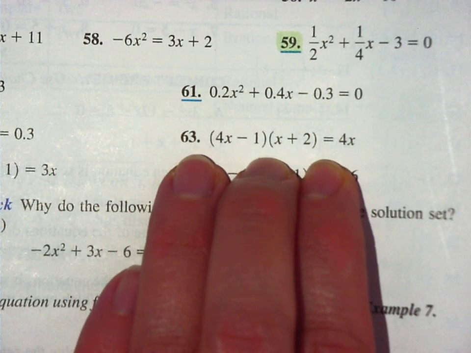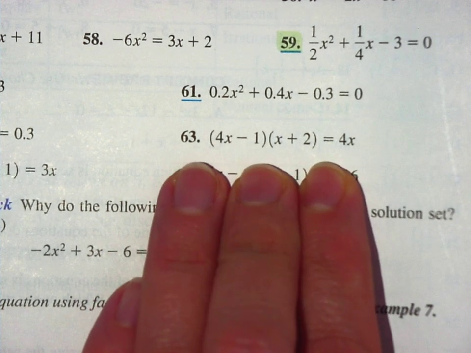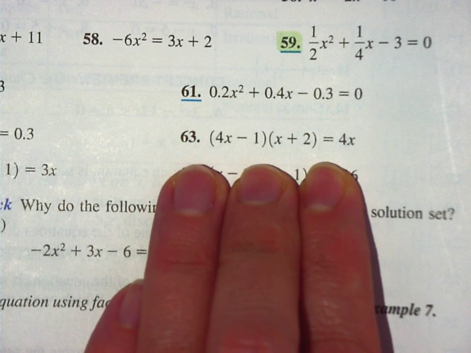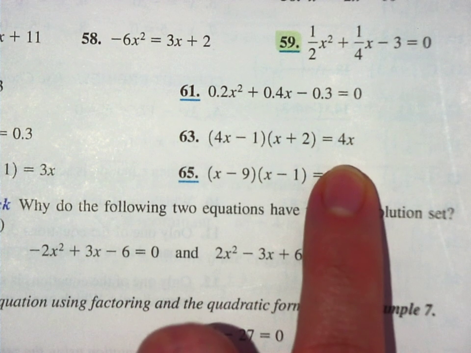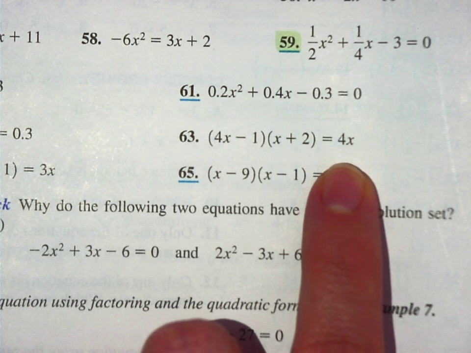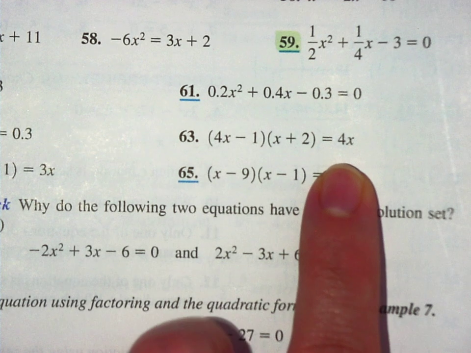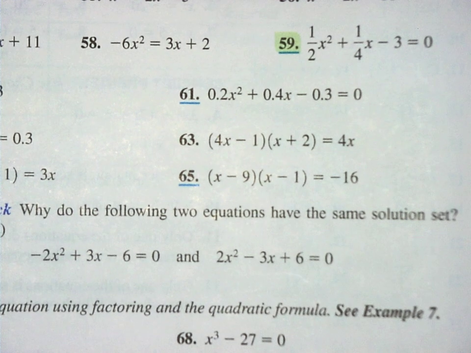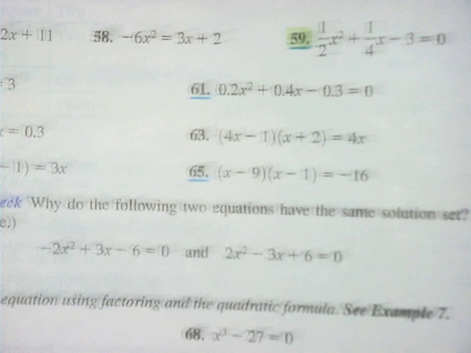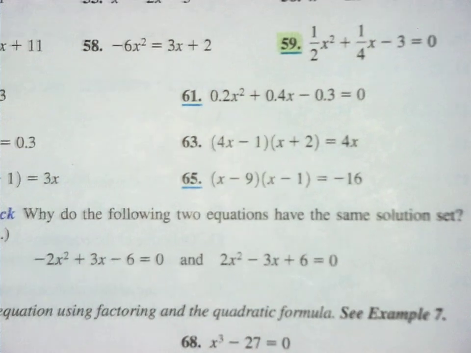You're going to have to use a box or foil, and then move that 4x over. Could you just set these equal to 0 instead? No, why? Because there's a 4x over there. If it said 0 over there, you could just set them equal to 0 and be done. So you're going to have to multiply these together with a box or foil, and then subtract 4x, and then throw it into your program. Same thing with 64.